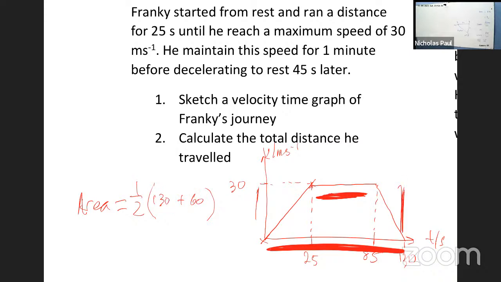The height is here, which is 30. How much is that? What did you all get there? 2850 meters.